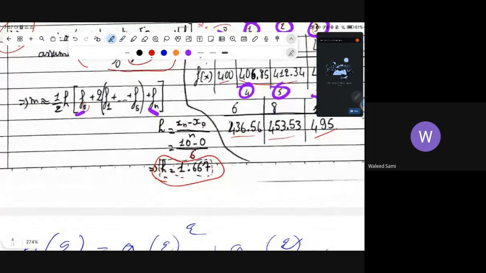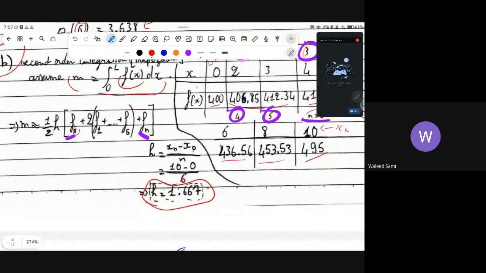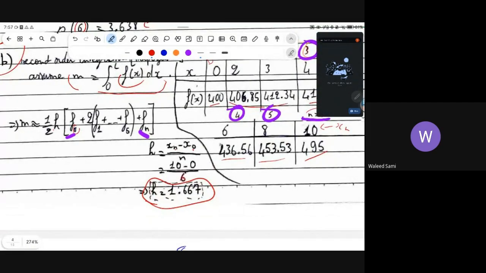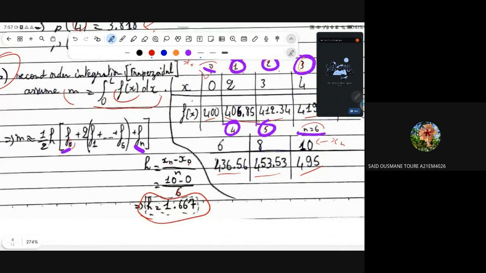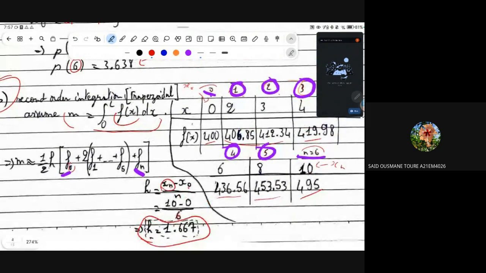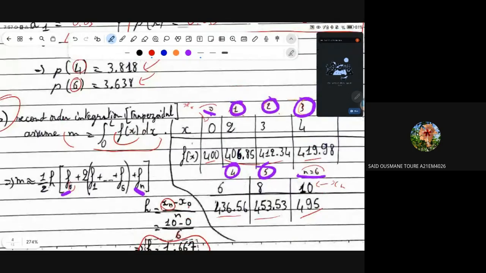Again, please, because the internet was lost. I'm saying that h here is x of n, and you count it this way. n is from 0 to 10: 0, 1, 2, 3, 4, 5, and n.